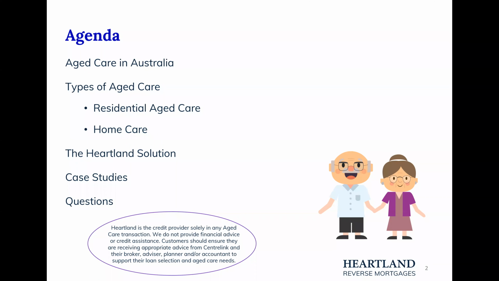We'll go through the types of aged care within Australia, more specifically residential aged care and home care. Then I will provide the Heartland solution for each of these aged care types, and also provide a couple of case studies to assist with your understanding.